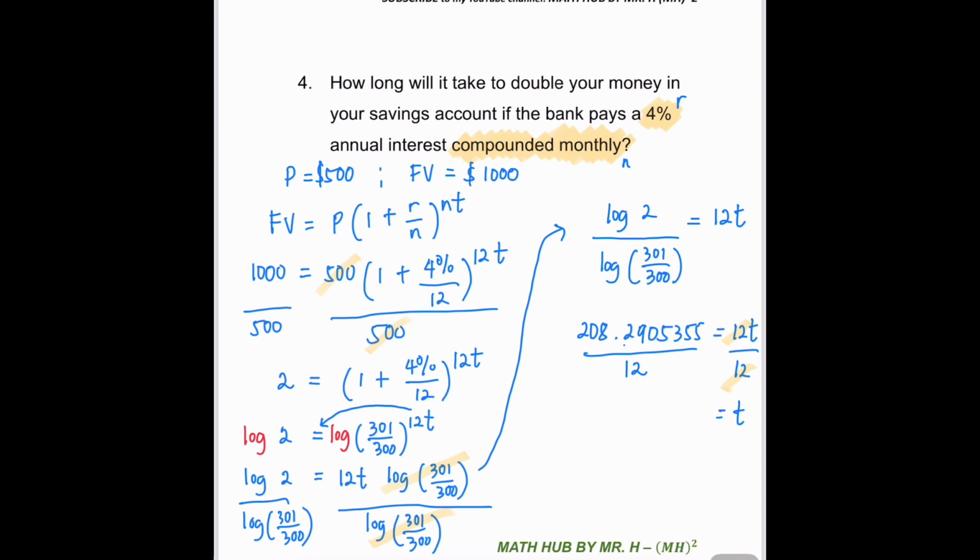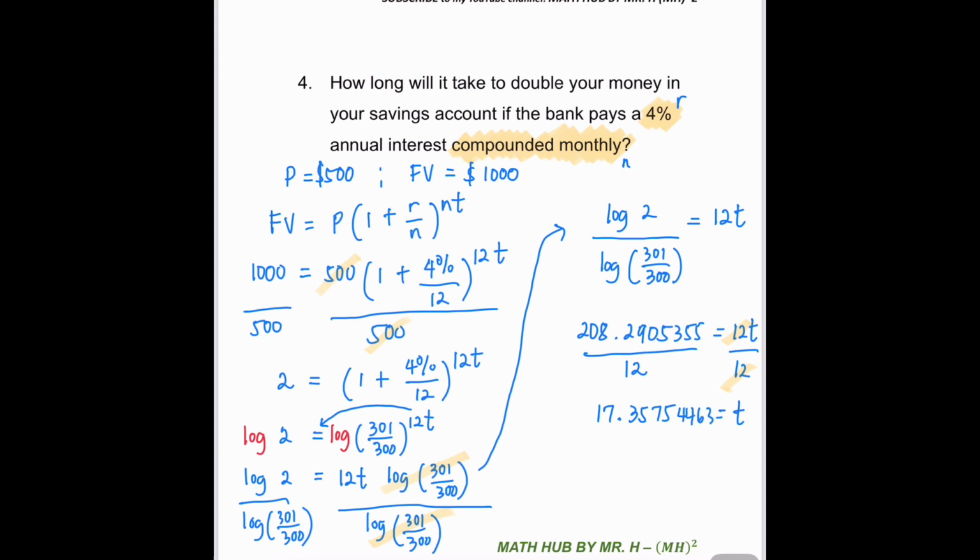And 208.2905355 divided by 12, type everything in one go on your calculator, and it's going to give you an exact value of 17.35754463.